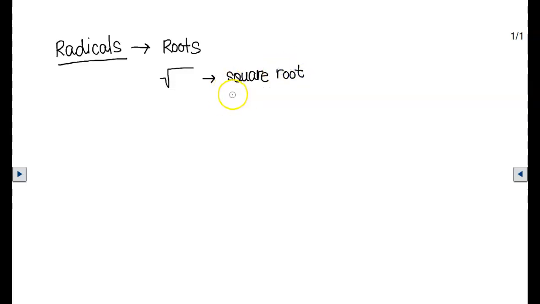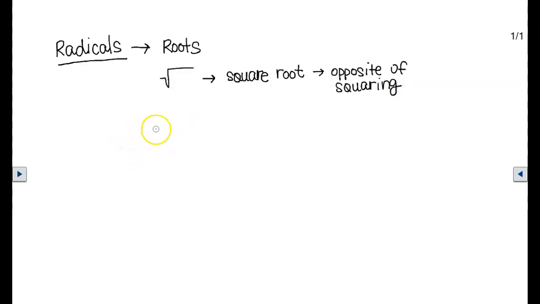And probably also remember that when we talk about a square root, it is the opposite of squaring. So a square root undoes squaring.